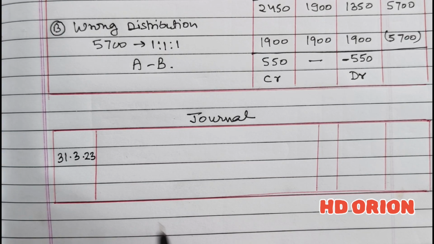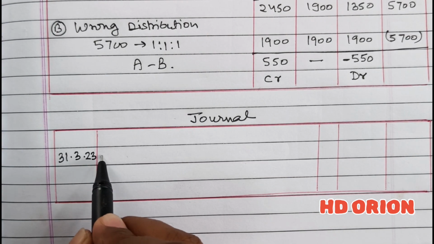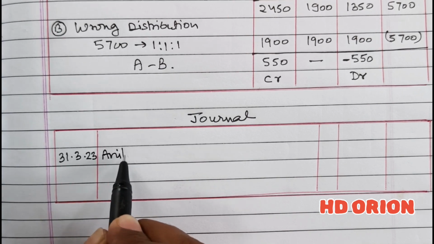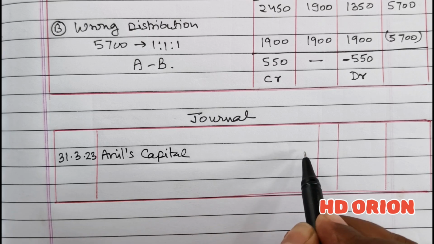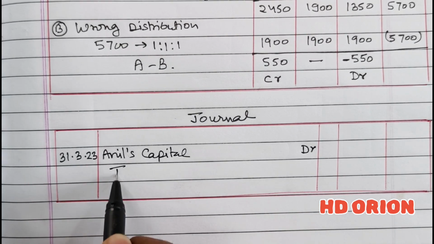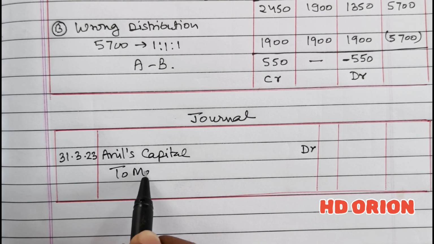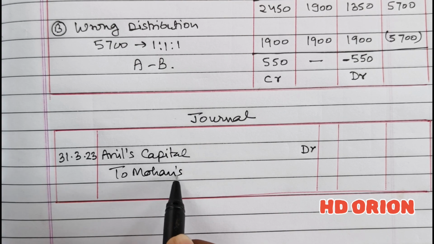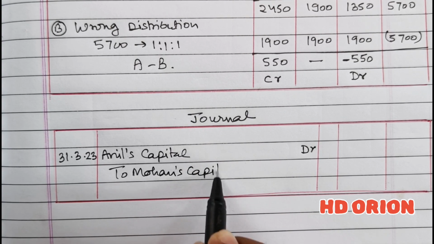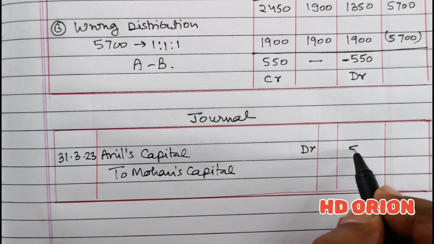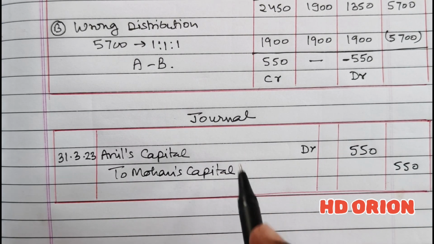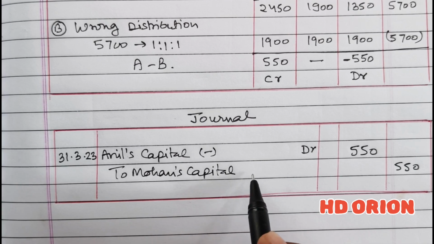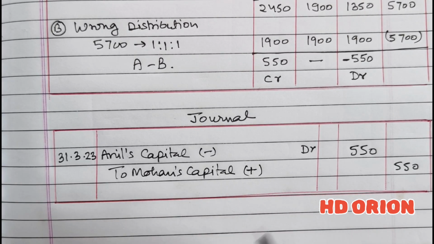So we will pass the journal entry here: Anil's capital account debited, because capital accounts are fluctuating and therefore a current account will not be opened here, to partner Mohan's capital account. The amount we have calculated, 550. It means Anil's capital account is reduced and with the same amount Mohan's capital account is increased.